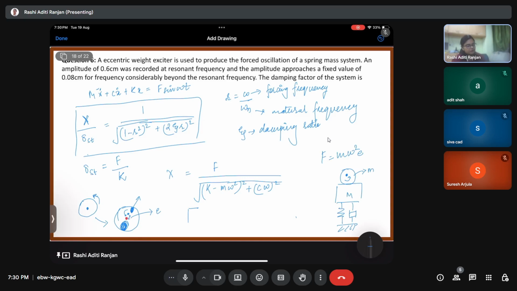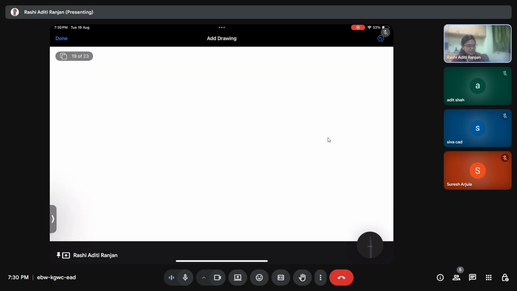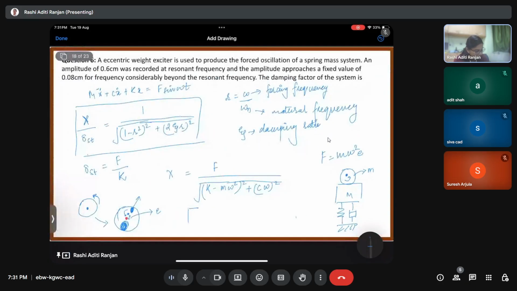Now x can be written in terms of m, omega and E as m E omega square divided by the square root of (k minus m omega square) whole square plus (c omega) square. Now what I can do is write this like m by m, and this should be replaced by capital M over here also.